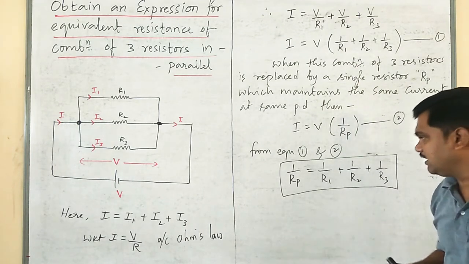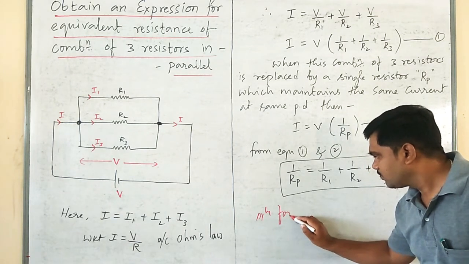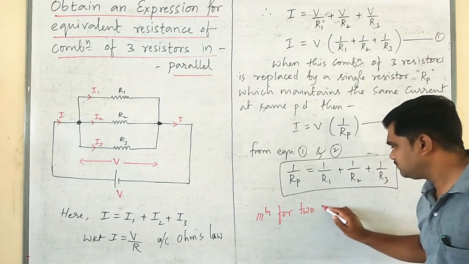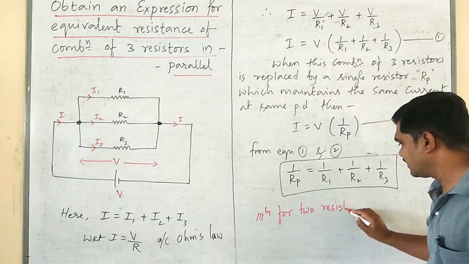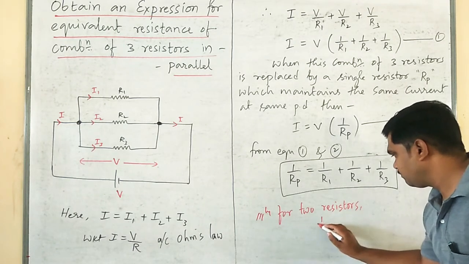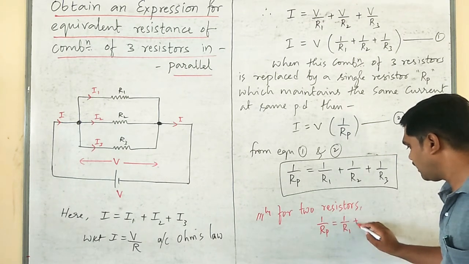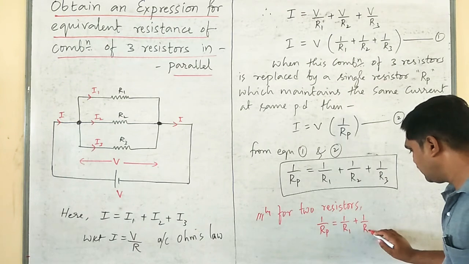Okay. Similarly, for two resistors, what can we write? For two resistors, 1 by RP is equal to 1 by R1 plus 1 by R2.